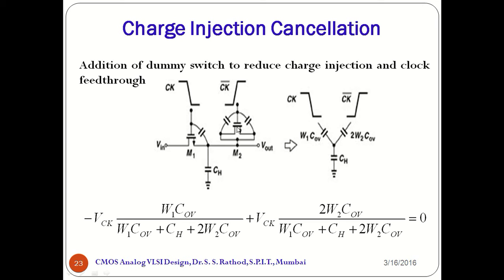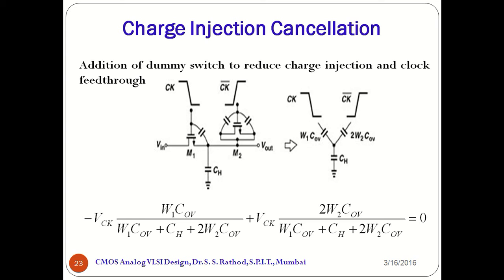So the total charge at Vout is going to be 0. M1 will generate a voltage, and the total value is equal to minus Vck W1 Cov upon W1 Cov plus CH plus 2 W2 Cov.